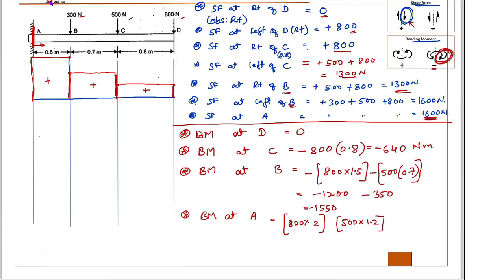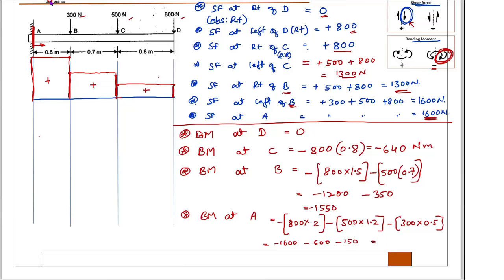Then another force, 300 Newton, is also causing moment with the distance 0.5. All of these are negative. Therefore, 800 into 2 is minus 1600, minus 500 into 1.2 is 600, minus 300 into 0.5 is 150.